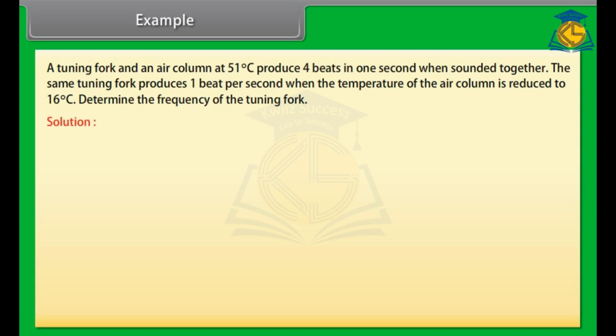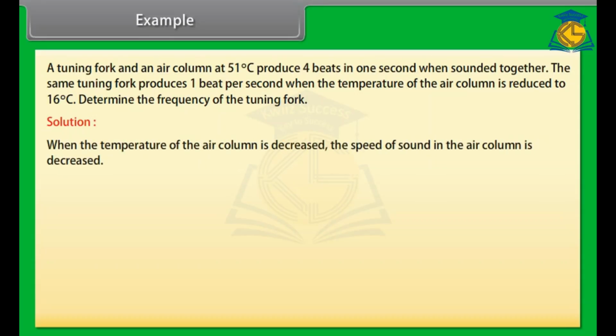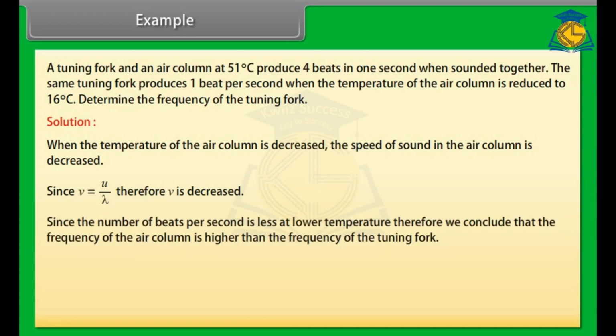Let's see the solution. When the temperature of the air column is decreased, the speed of sound in the air column is decreased. Since v is equal to n lambda, therefore the frequency is decreased. Since the number of beats per second is less at lower temperature, we conclude that the frequency of the air column is higher than the frequency of the tuning fork.